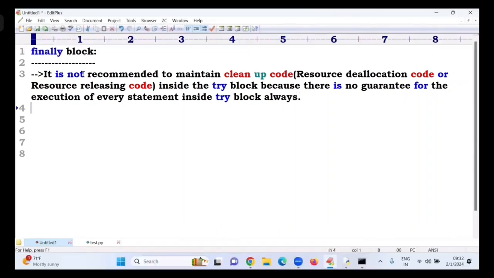So there is no guarantee to execute each and every statement inside the try block.